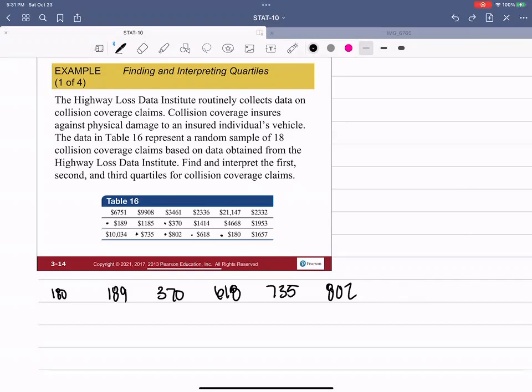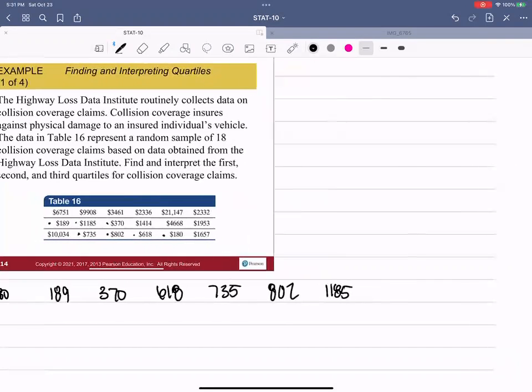So thousands is going to be 1185. Then 1414. Then 1657. Let's actually cross these out.